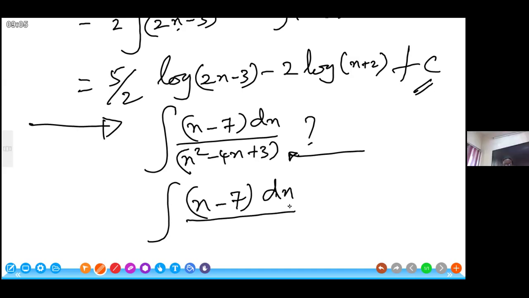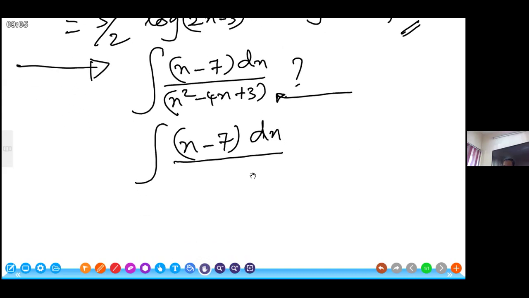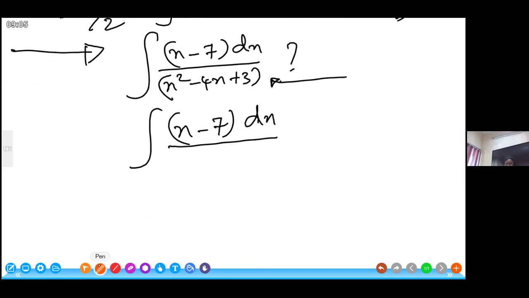If you factorize this, what is the answer? This is where we use our factorizing knowledge: (x minus 3)(x minus 1). So now we can do it. So this is your homework. You can try.